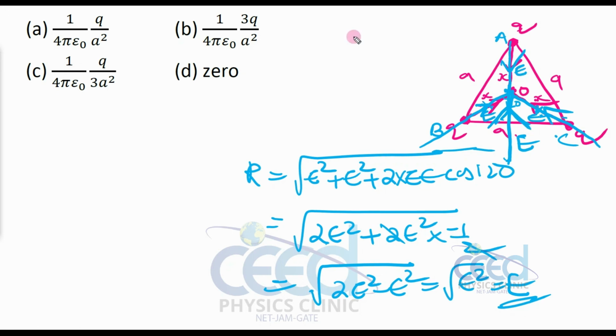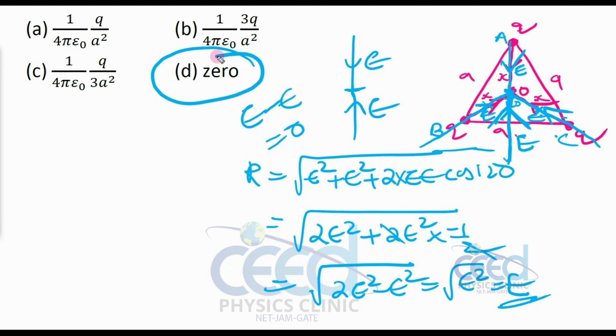So they cancel each other, that is E minus E, which is equal to 0. That's why the electric field at the centroid of this triangle will be 0.